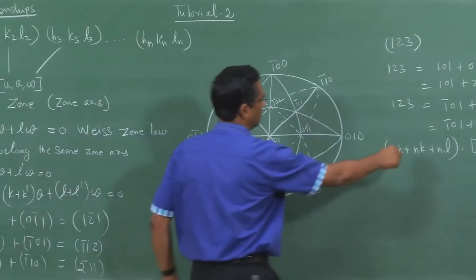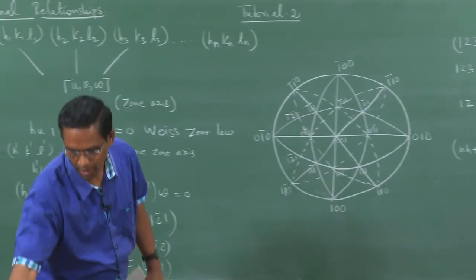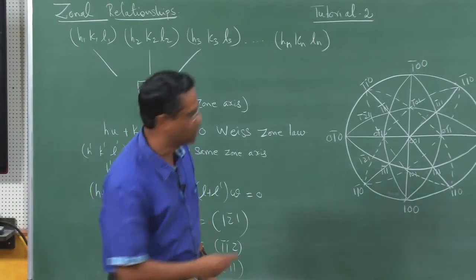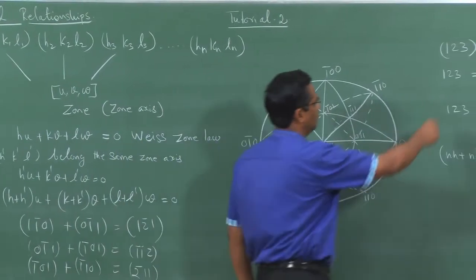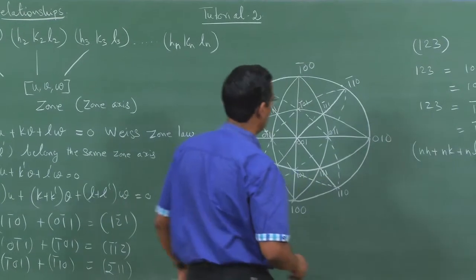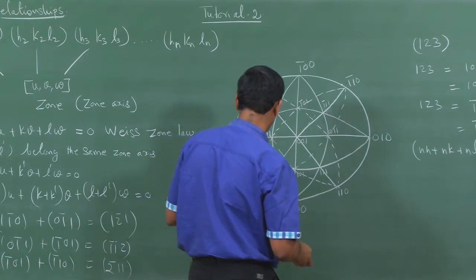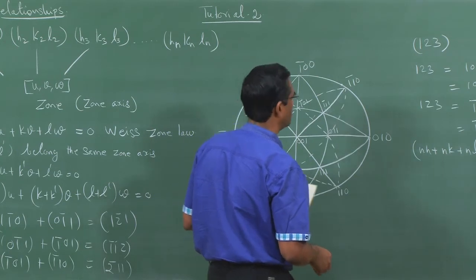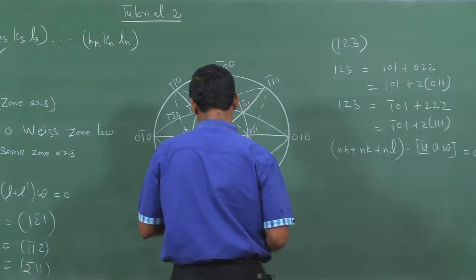This you can show on this stereograph. Probably I will take another color chalk to distinguish, as the figure is clumsy. So, to show this 1 2 3 pole, what do you have to do? It is a combination of 0 1 1 and 1 0 1.